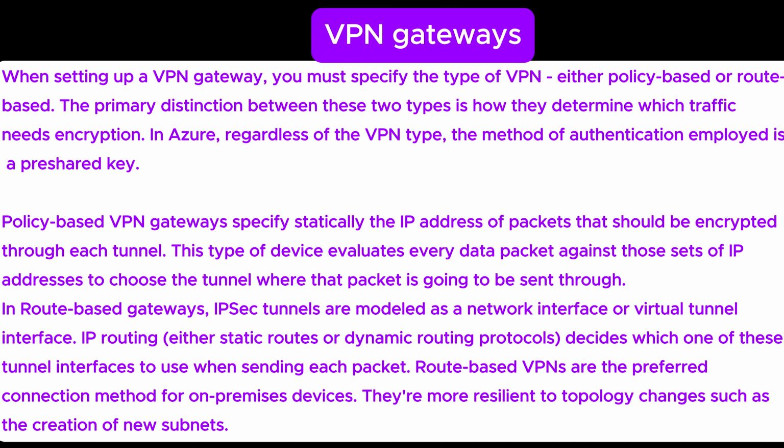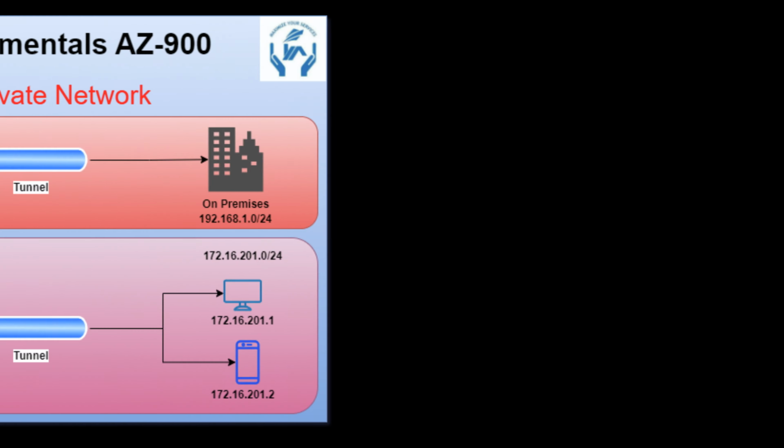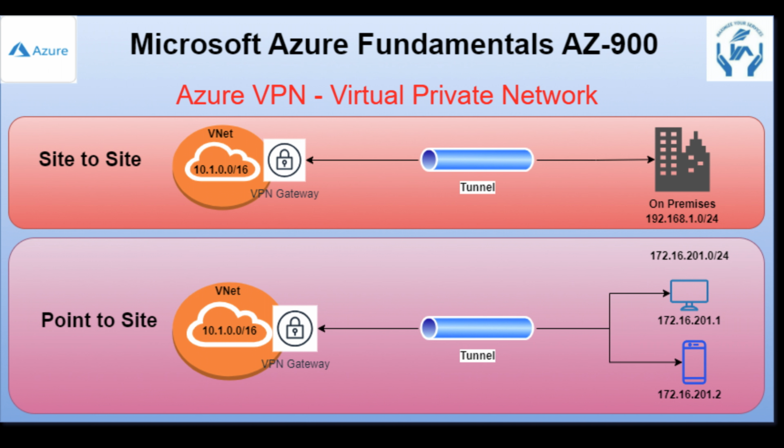So guys, for today this is a good session. We have discussed what is a virtual private network and what is a tunnel, which helps us to secure and encrypt the data, and we have discussed the types of virtual private networks in detail.